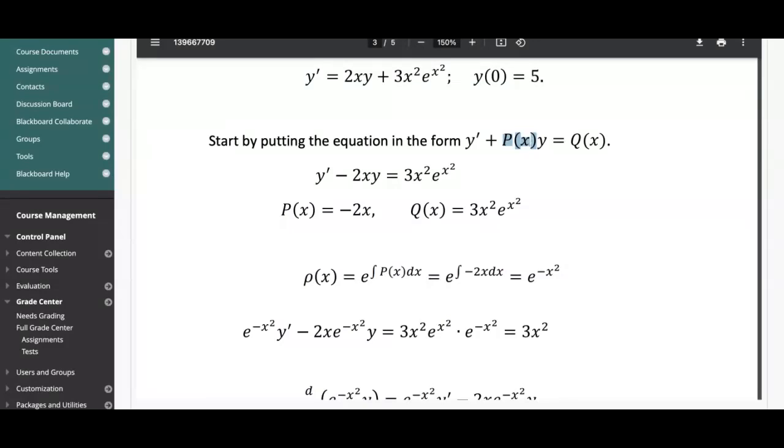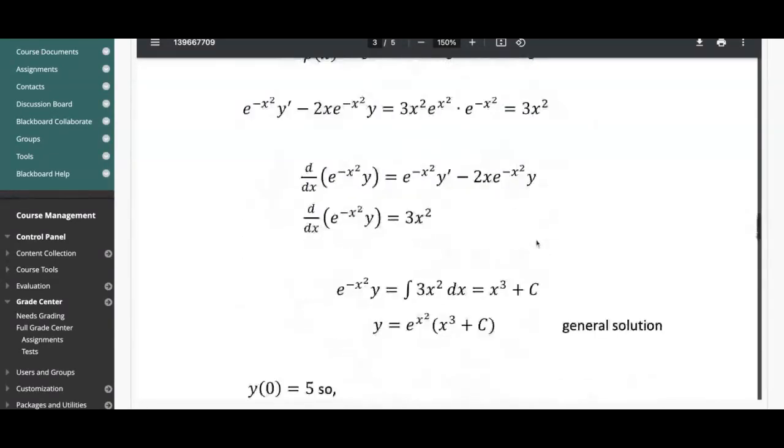Once we identify P of x, we integrate P of x. So the integrating factor will be e to the power of the integral of P of x. Then we multiply every term by the integrating factor.